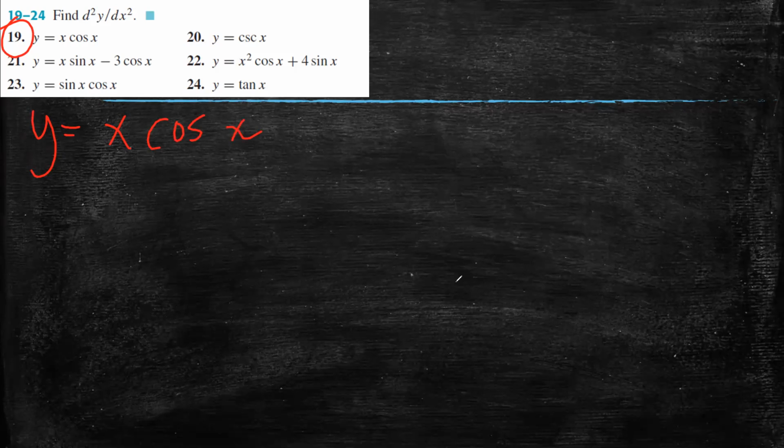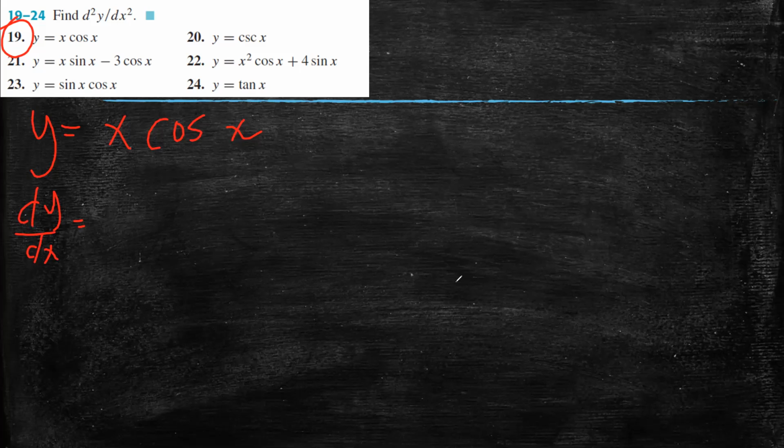So the first step, as we said before, if you want to find y double prime, we have to find first the first derivative, then the second derivative. So dy over dx. Look at these two functions here, they are multiplied.